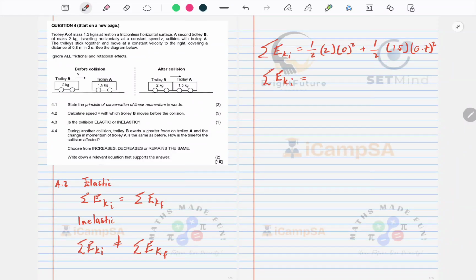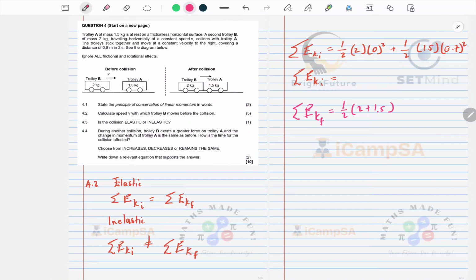And then here again we have the sum of kinetic energy final. This is the kinetic energy of this whole block. So we're going to have 1 over 2 times 2 plus 1.5, and then V squared.